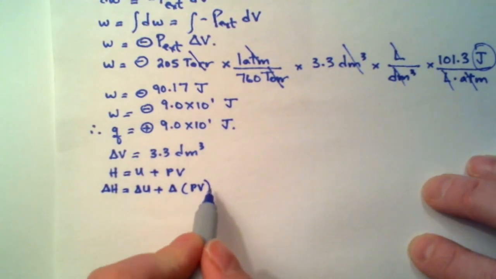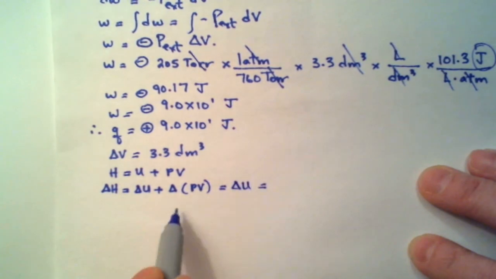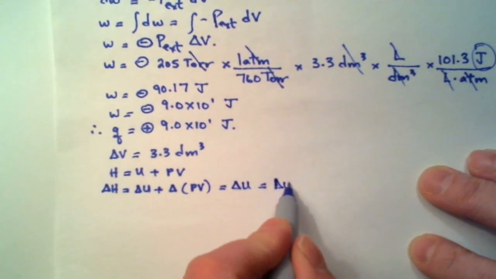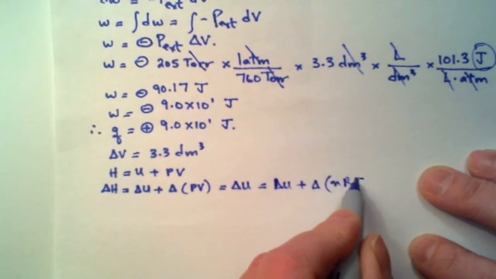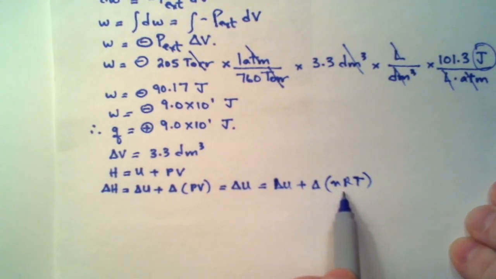But I can also write that as, because PV is equal to nRT, delta U plus the change in nRT, which would be n2RT2 minus n1RT1.